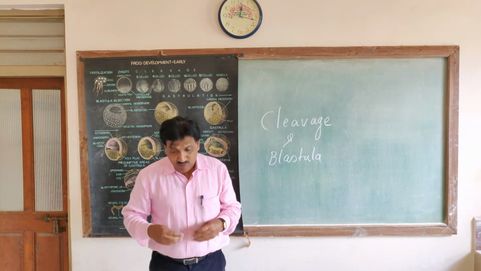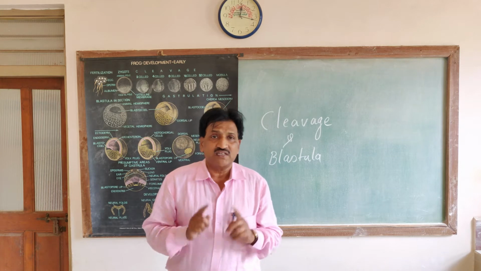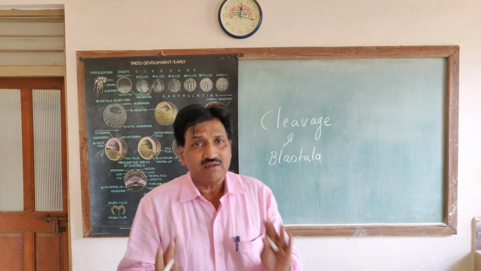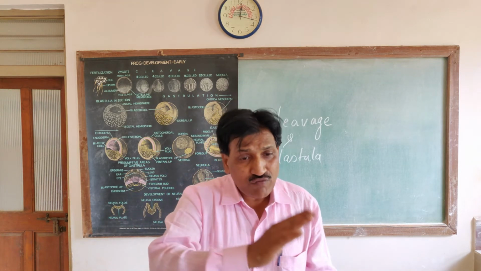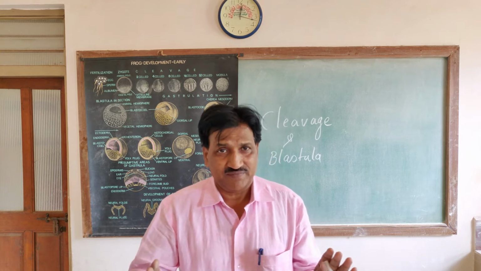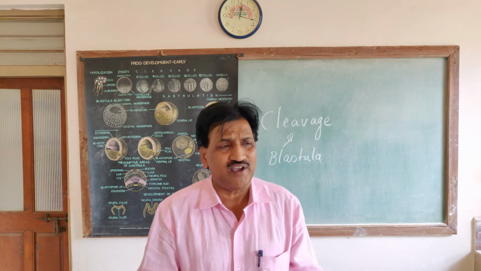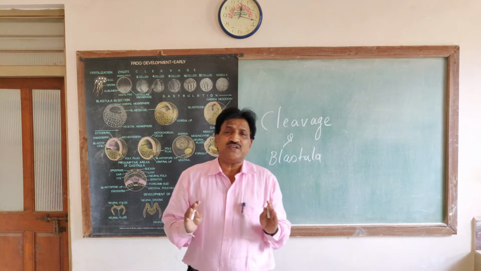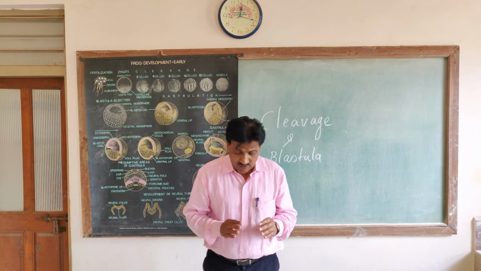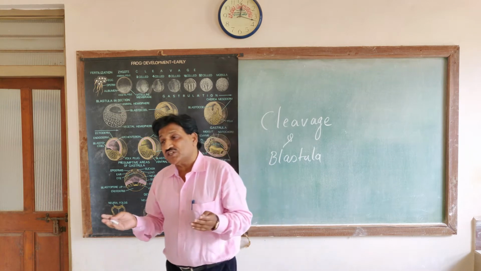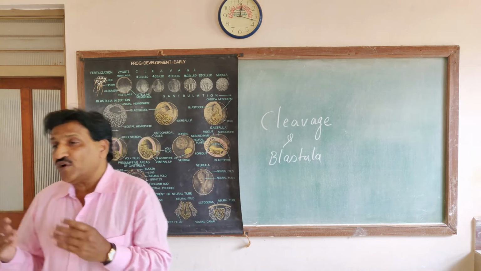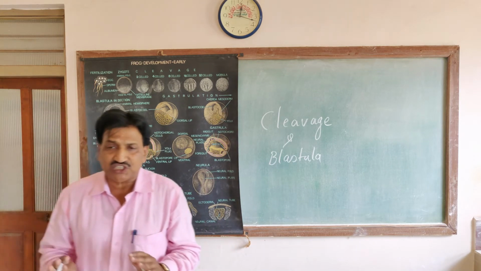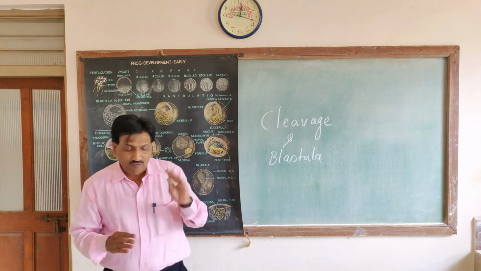So with the help of cleavage, the single cell zygote transforms into many cells. These blastomeres are very important for the construction of the body of the embryo.